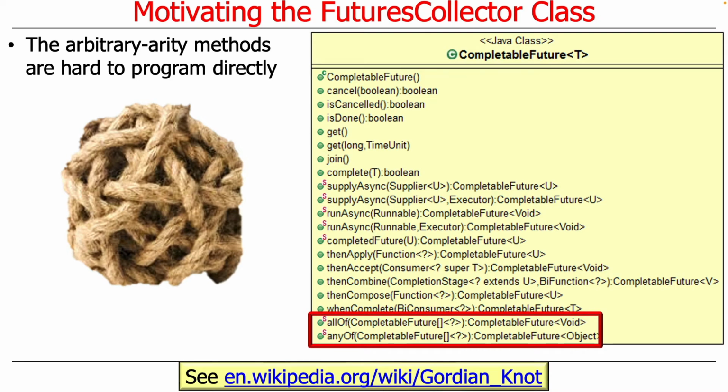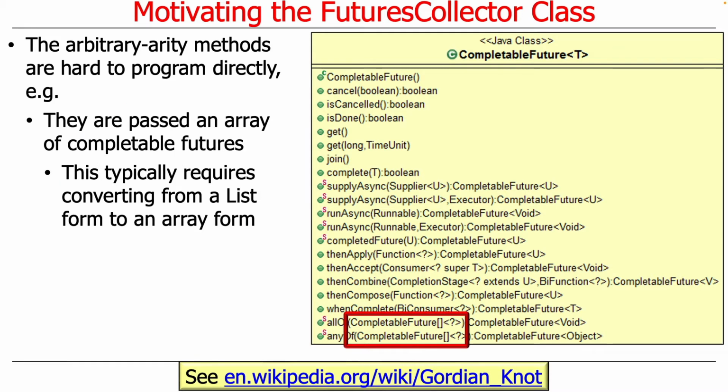So first, let's motivate why we need to wrap this stuff in the first place. The issue here is that the arbitrary-arity methods, kind of a mouthful, are hard to program directly. It's like the Gordian knot of programming. It's complicated. Why is this? Well, there's a couple reasons. First, they're passed an array of completable futures.